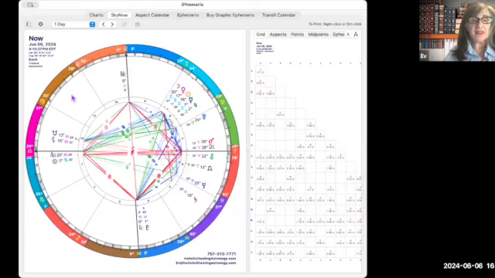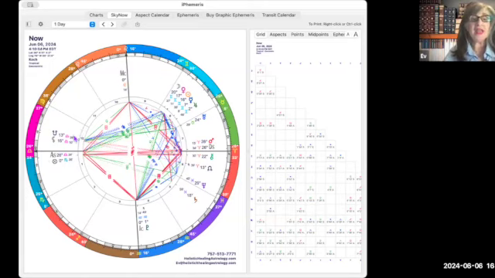Now this circle with all the different colors on the outer rim is the sky right now at this moment in Virginia Beach. You notice that the outer wheel has the signs, and then inside these segments are houses numbered 1 through 12, just like what I just showed you previously.